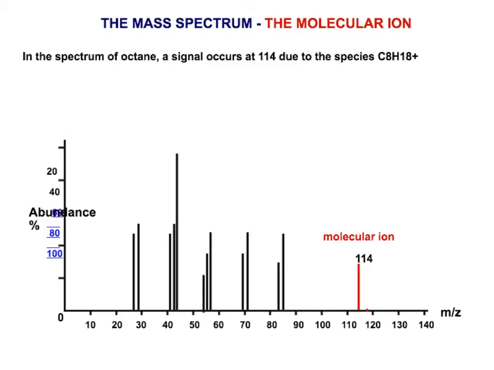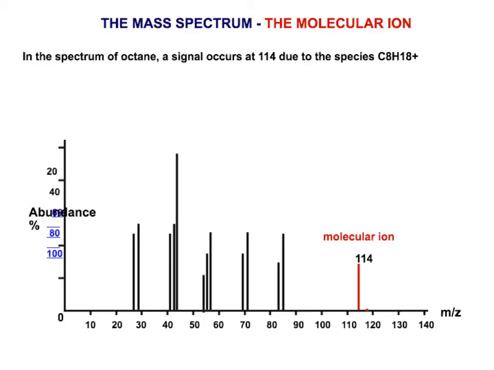In this example, we've put octane into the mass spectrometer. What you can see has happened is you've got a number of peaks. These peaks are due to the fact that octane is actually split up. Later in the course we look at interpreting these peaks, but right now we're just going to consider the peak which is furthest to the right.